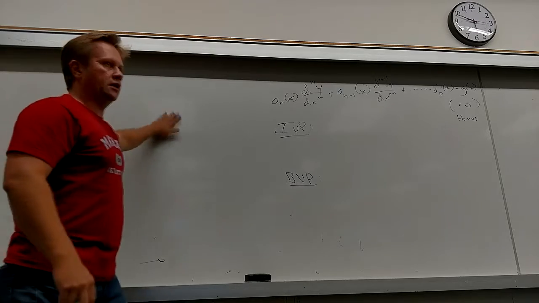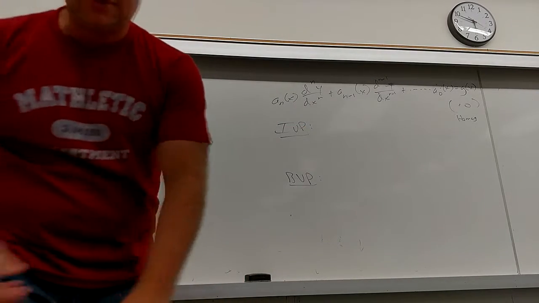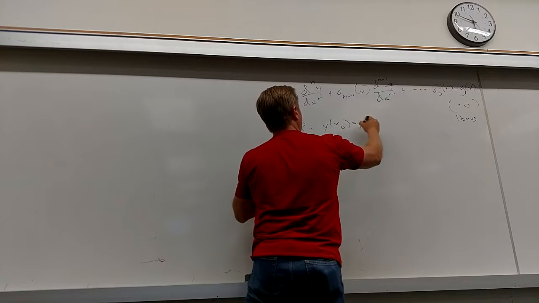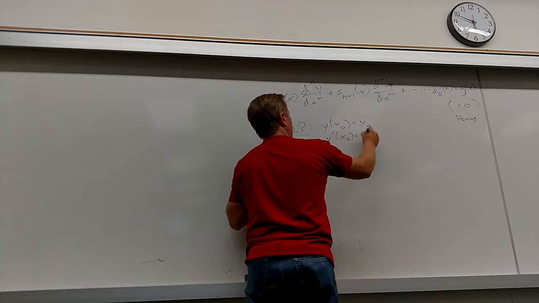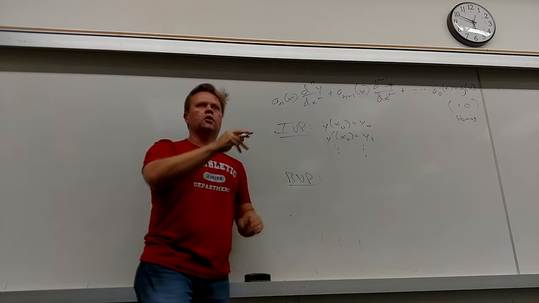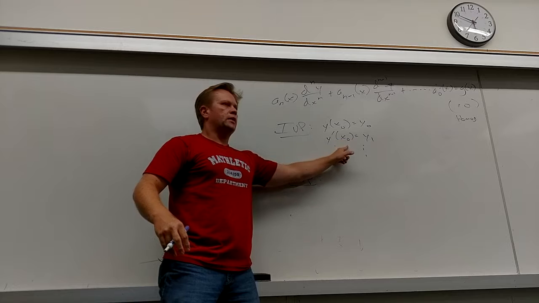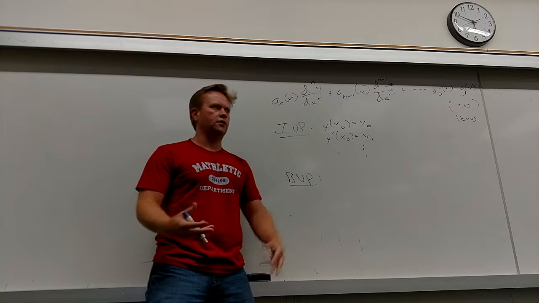So here I could need up to n initial conditions. How does this book show them? y of x naught equals y naught, y prime of x naught equals y1, and so on. Notice, initial value problems mean that all of these depend on the same input. They all come from the same x value.